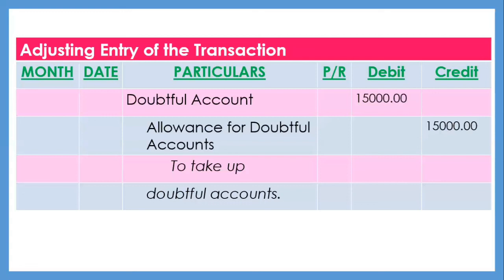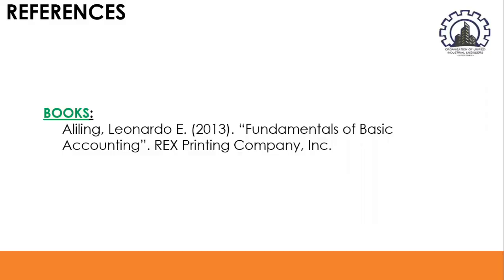So this happens because the contra asset account has already accounted for bad debts, or those that are not likely to be collected, and those bad debts are simply subtracted out of accounts receivable. So that's the reason behind why doubtful account is being debited and allowance for doubtful accounts is being credited.